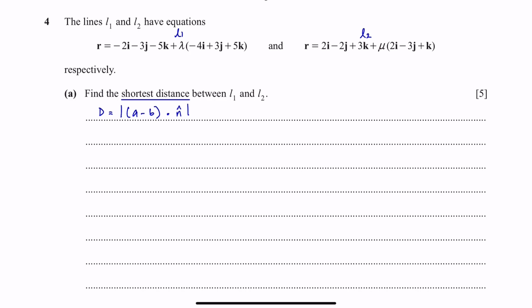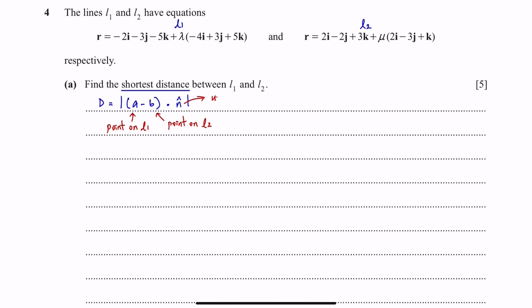So these two are basically the points, the point on L1 and the point on L2. Or you can search L2, L1, same thing.